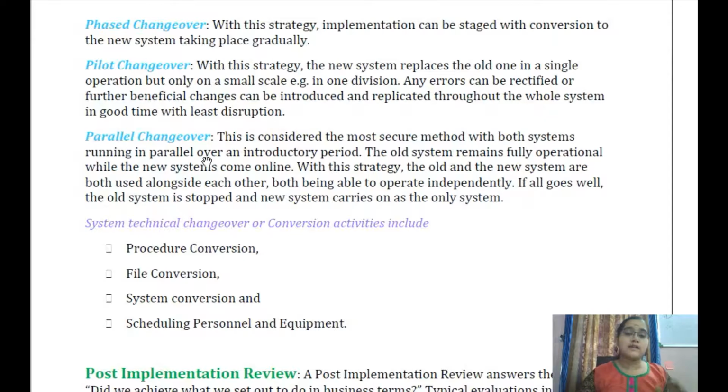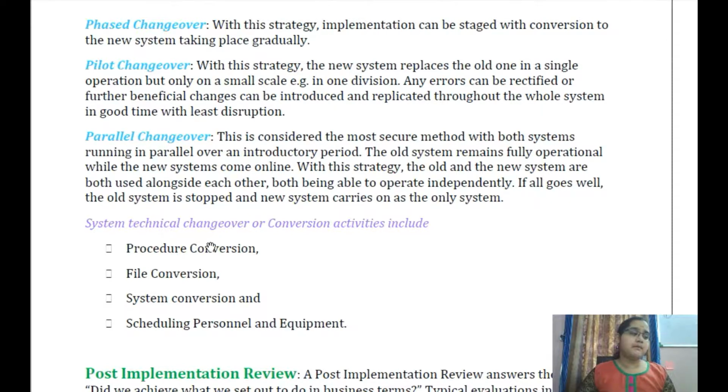Then comes the technical conversion activities that must be kept in mind before implementation. When you're going for implementation, the system developer must ensure that these technical activities have been completed: procedure conversion, file conversion, system conversion, and scheduling personnel and equipment.